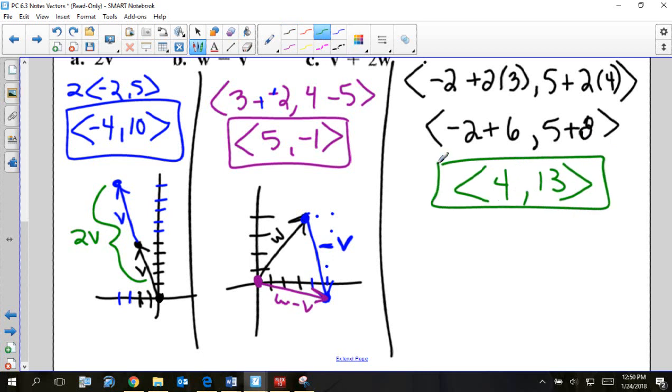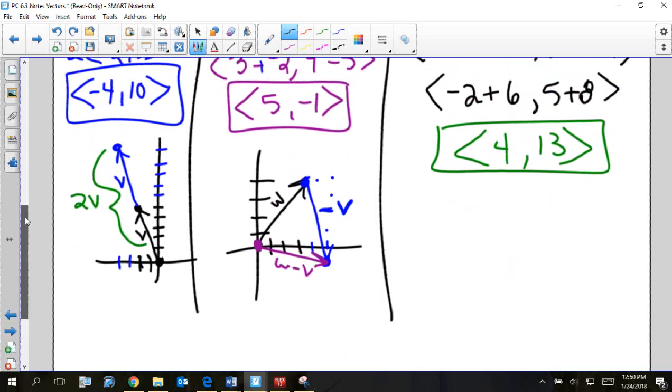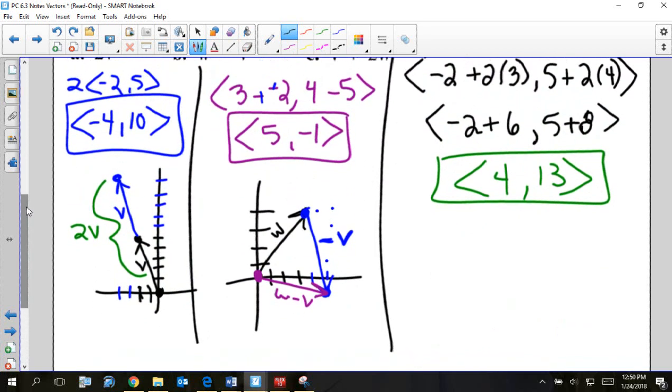We're going to visualize it. So I'm going to start at 0, 0, and I'm going to first do V. And V is what? Vector. What is it? V is -2, 5.